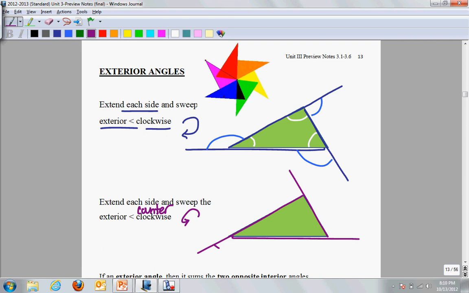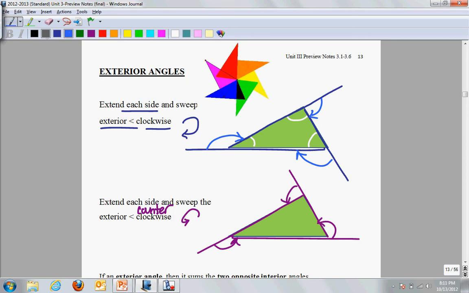Now sweep these. Those are called, again, exterior angles. Both clockwise and counterclockwise. You can see why I call them pinwheel angles.